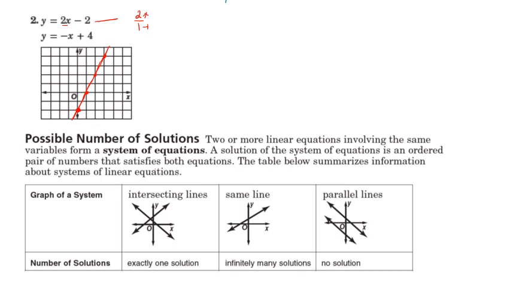And then let's graph this line. It has a y-intercept of 4, and a slope of negative 1. Negative x has a slope of negative 1. So I'm going to go down 1 over 1. So here's all the points that work in this equation.